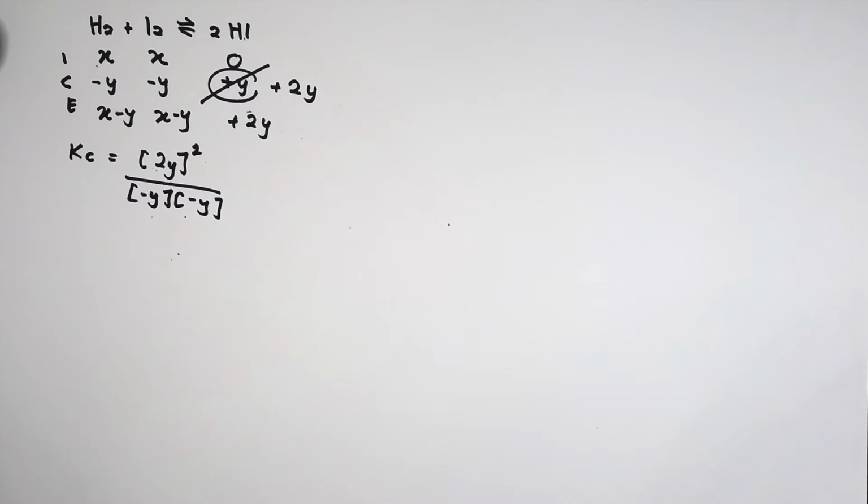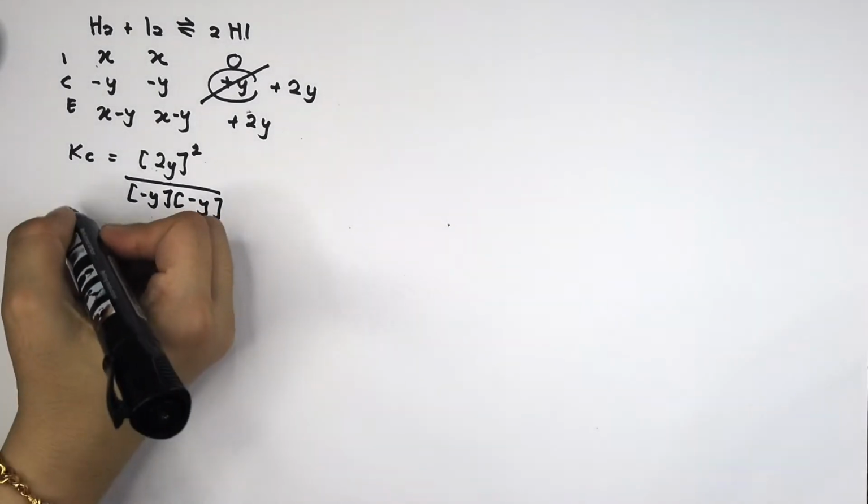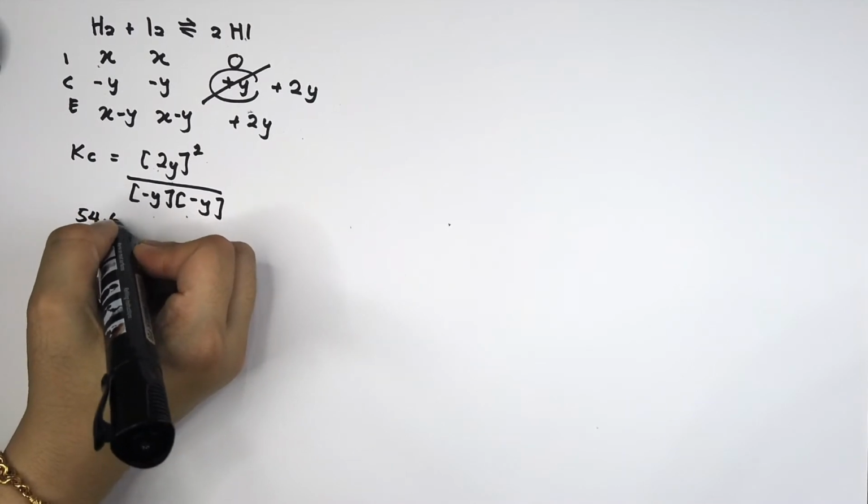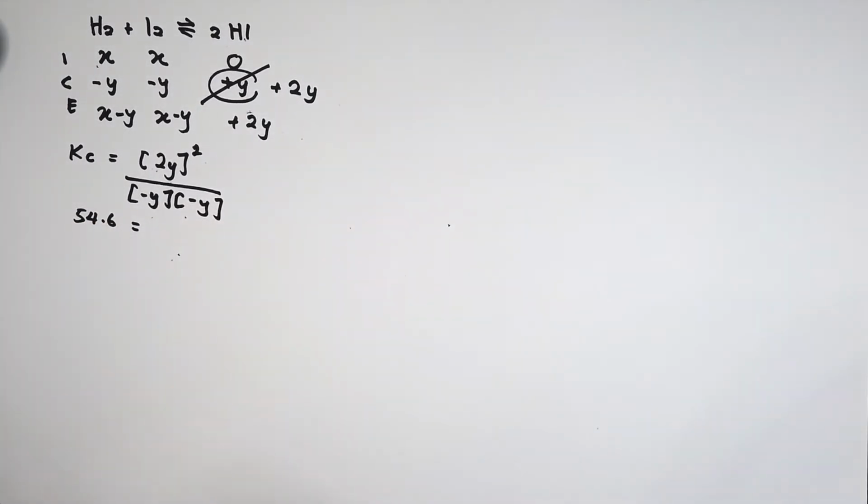If you read again from the question, the value of Kc is given to you, which is 54.6, and for the value of 2Y, the question states that the concentration of the HI in the tube at equilibrium was found to be 0.0706 mole per liter.